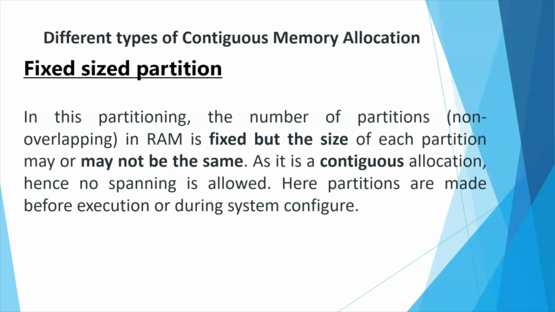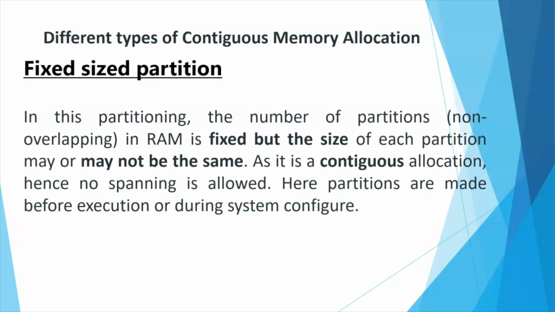Next, continuous memory allocation can be divided into two types: fixed size partition and variable size partition. First, we can see what is fixed size partition. In this partitioning, the number of partitions in RAM is fixed, but the size of each partition may or may not be the same.